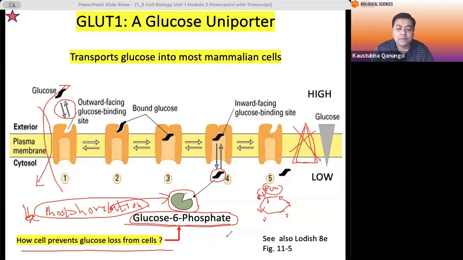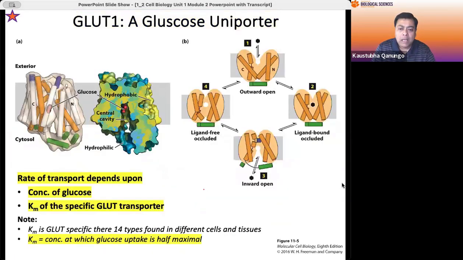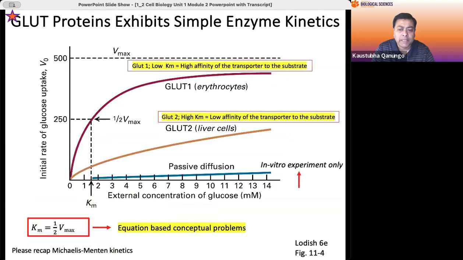So here, the phosphorylation of glucose to make glucose 6-phosphate is essentially the process. So make sure that you remember that. All right, these are just some renditions of the molecular structure or the model of how the glucose is moved in here. There are a couple of notes here: Km is the concentration at which glucose uptake is half the maximal. We will look at some of the related problems in here.